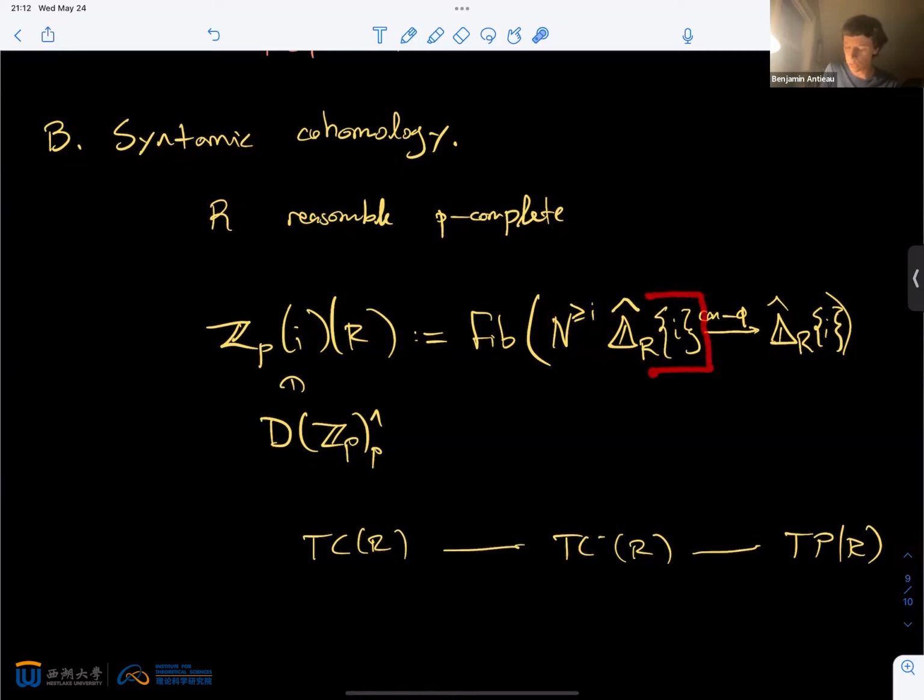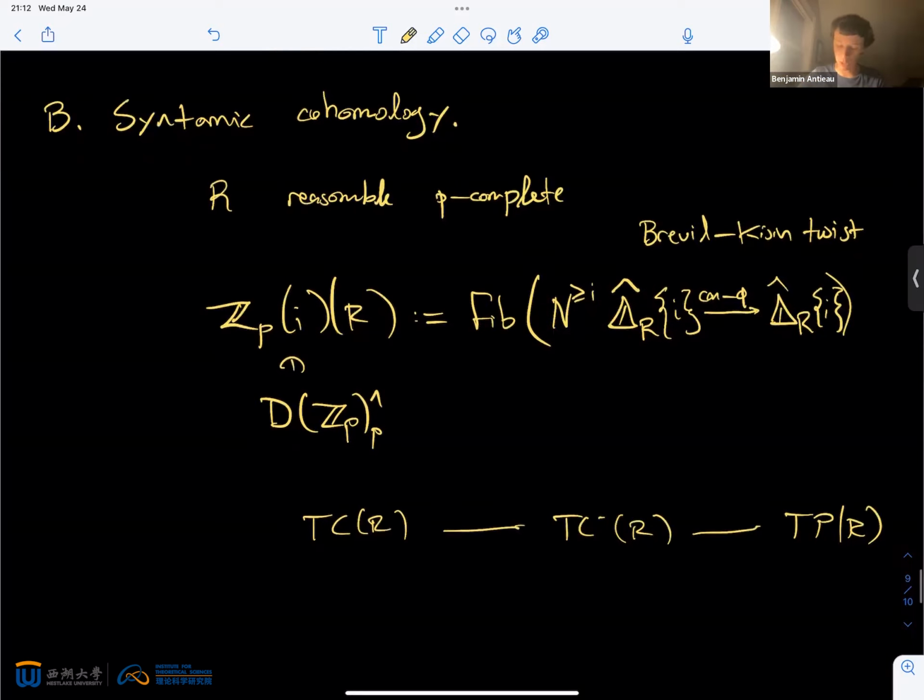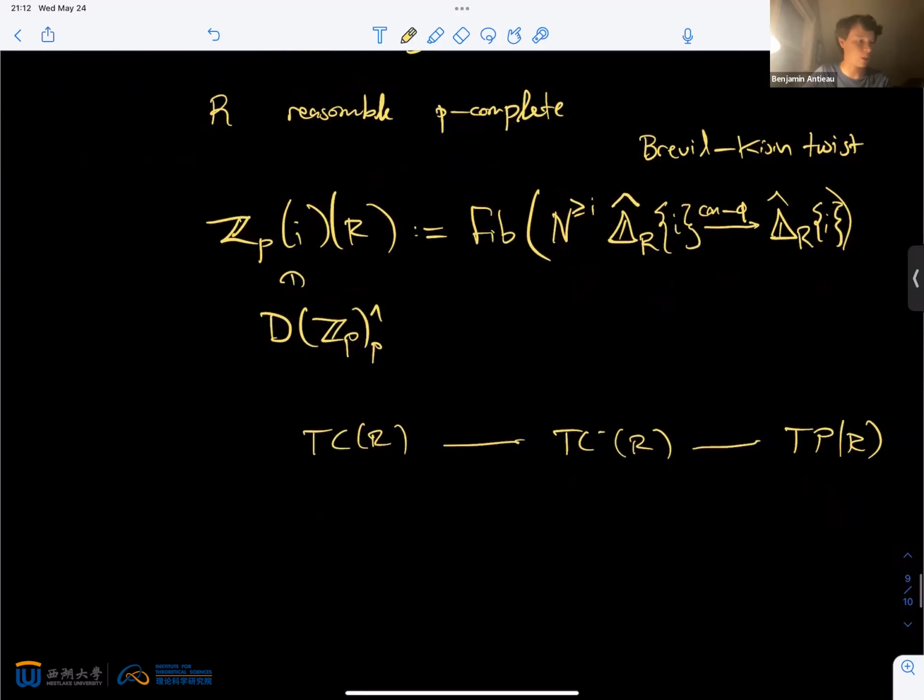And there's also this curly braces i. That denotes what's called a Breuil-Kisin twist. And what you should think of that as being a p-adic analog of the Tate twist in étale cohomology. Okay, so these are just symbols, but I'll tell you some things about these symbols later.